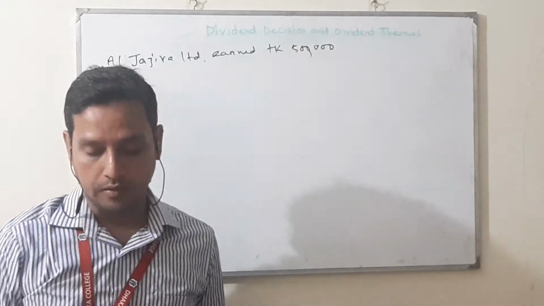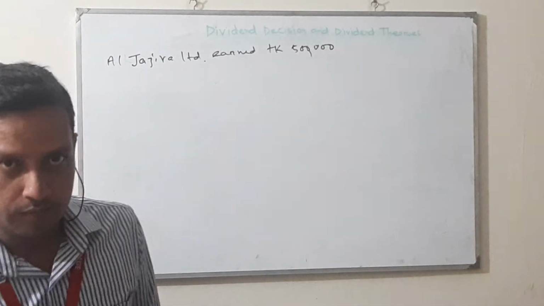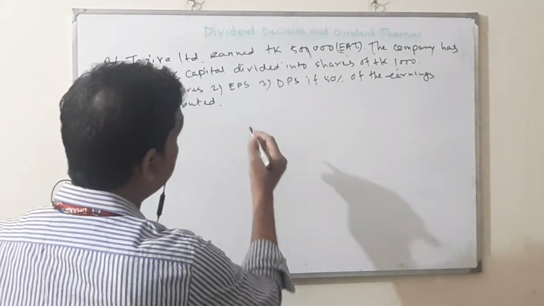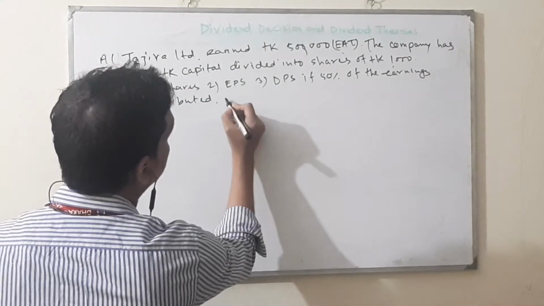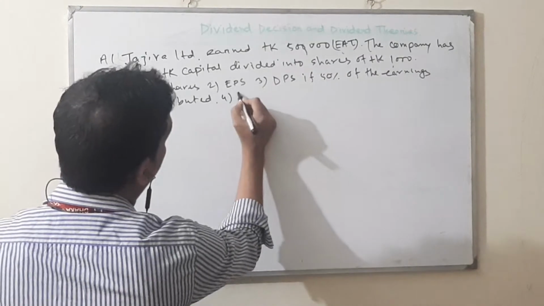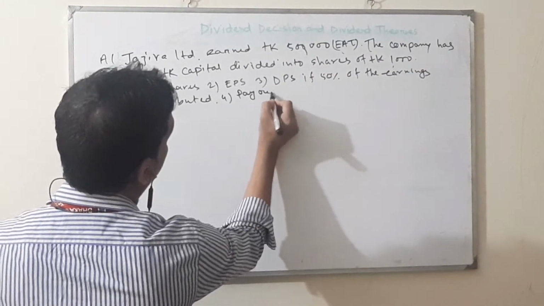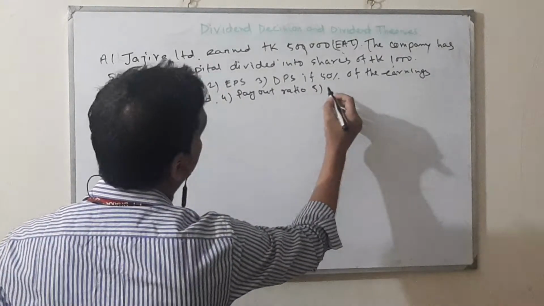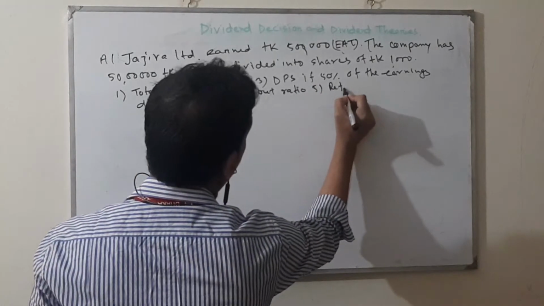Then we need 1, 2, 3, 4: payout ratio, then retention ratio.